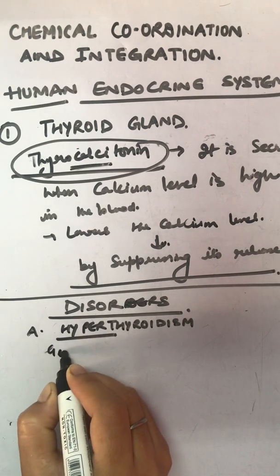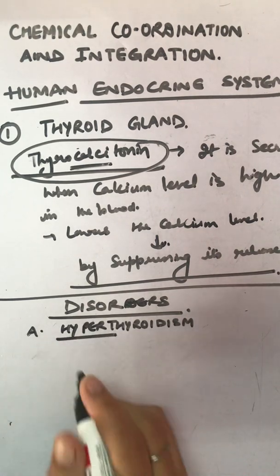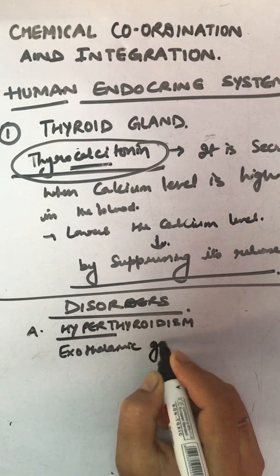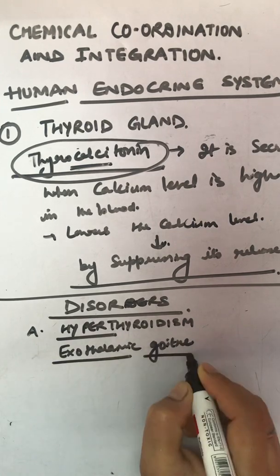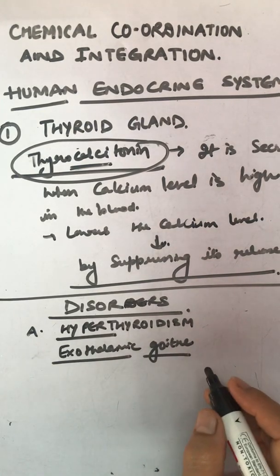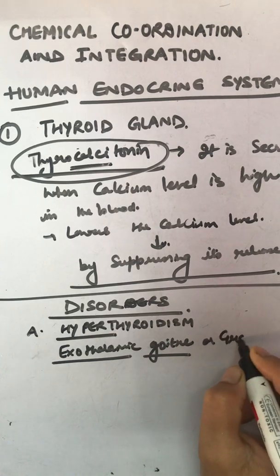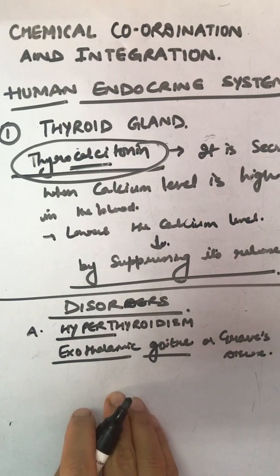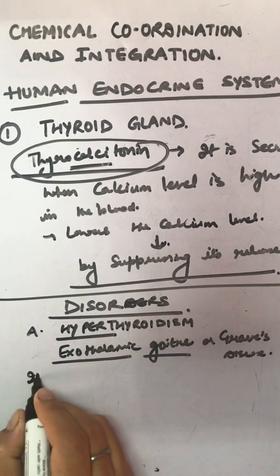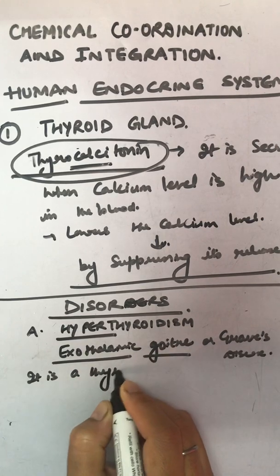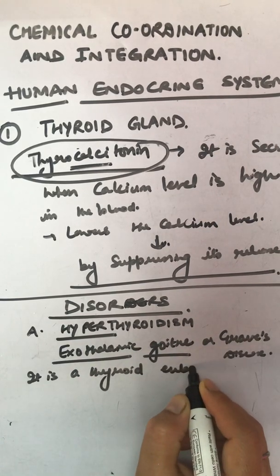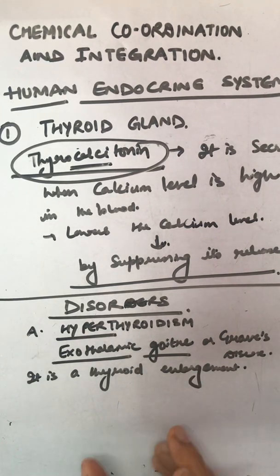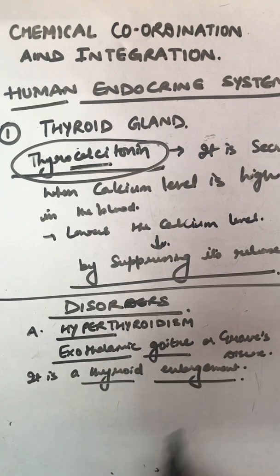Let's discuss goiter, that is exophthalmic goiter, or we call it Graves' disease. Why does it occur and how does it occur? Basically, it is a thyroid enlargement in which the thyroid secretes excessive amount of thyroid hormone.